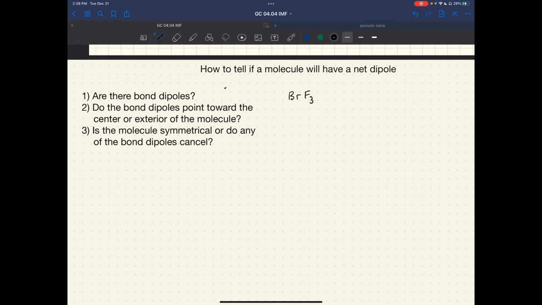Okay? Well, the first thing that I'm going to need to do, because shape is important, is I'm going to need a VSEPR geometry. So BrF3, when I draw my Lewis structure, looks like this. So this is a steric number 5. Base geometry is trigonal bipyramid.